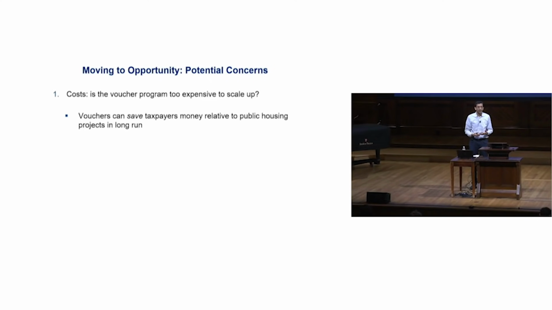We're spending about, as I mentioned, $20 billion a year on housing choice vouchers in the United States. But importantly, we have to also recognize that the impacts that these programs have could end up benefiting taxpayers down the road by changing children's outcomes.